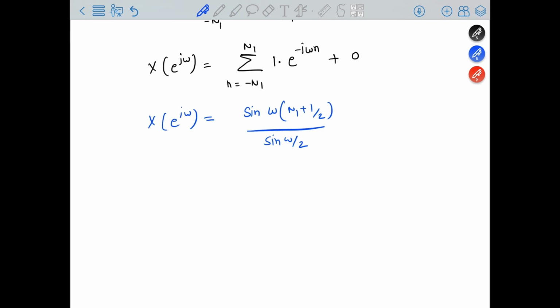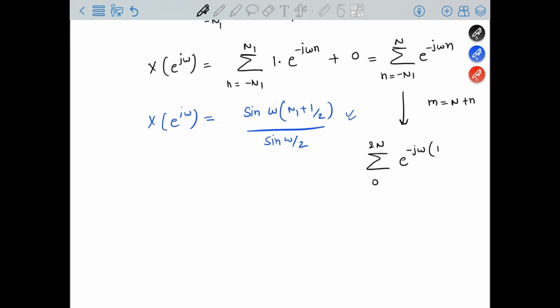So you can directly solve it. It is not a very hard problem to get this. I'll just give you a hint on how you can solve it. You have to just replace. So from this expression we get the summation n equal to minus n1 to n1 of e raised to the power minus j omega n. In this form just replace m as n plus n1. So it will be changed to the sum from 0 to 2n1 of e raised to the power minus j omega m minus n1.